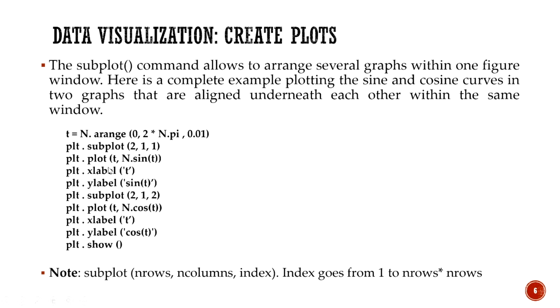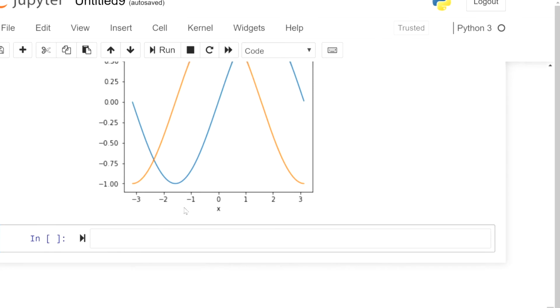So let's run this in a notebook. So np.arange between 0 and 2 times the pi value, which is defined under numerical Python, with a step value 0.01.